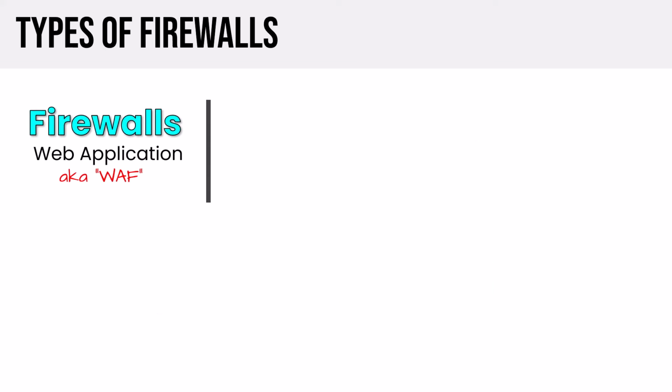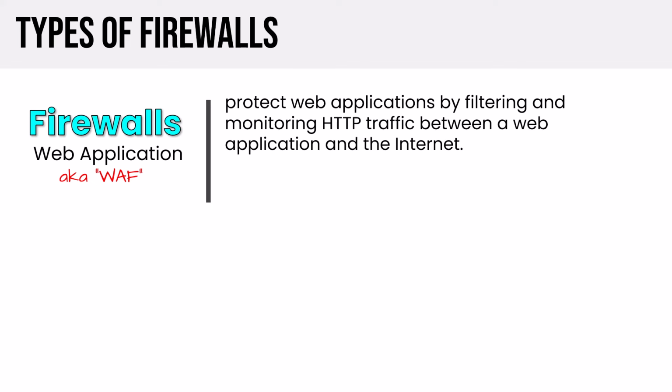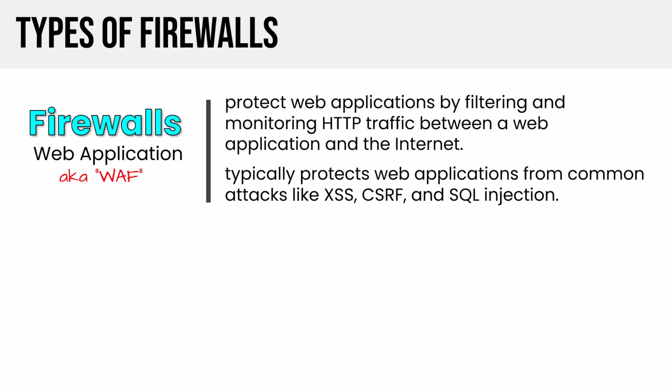Now we have the web application firewalls, or WAF as they're commonly abbreviated. They protect web applications by filtering and monitoring HTTP traffic between a web application and the internet. Typically protects web applications from common attacks like cross-site scripting, cross-site request forgery, SQL injection, really anything from the OWASP top 10 list of web application threats.